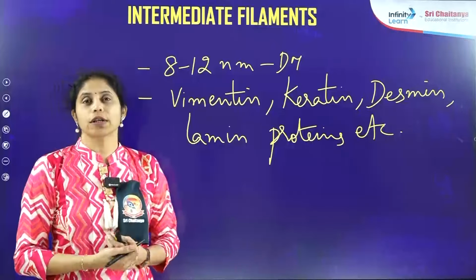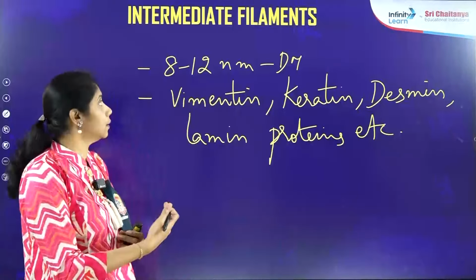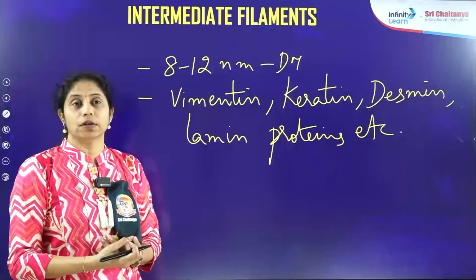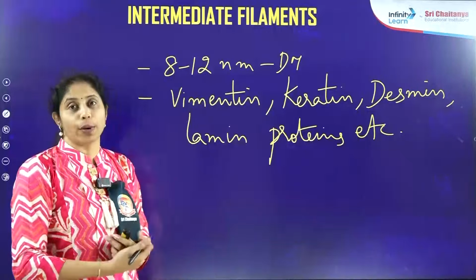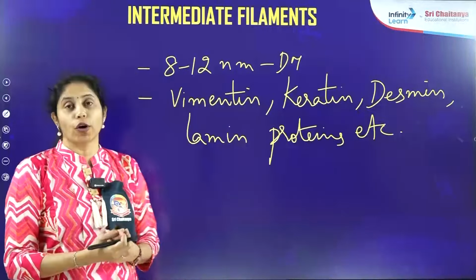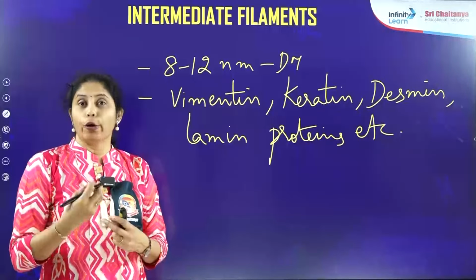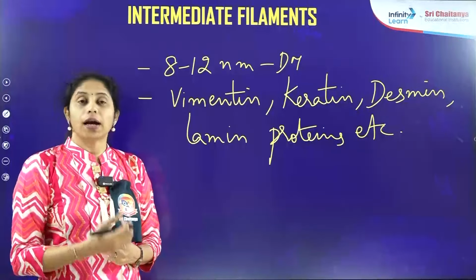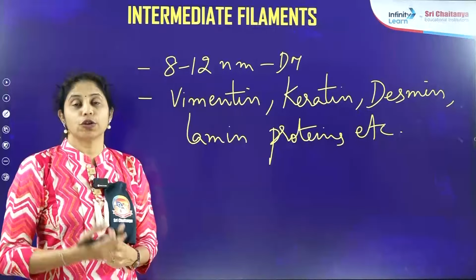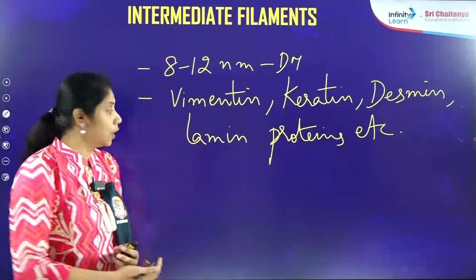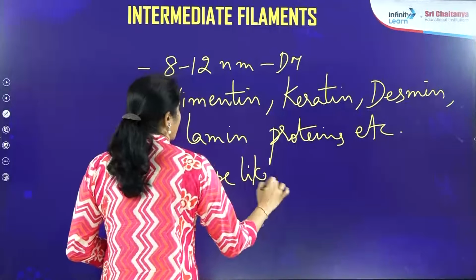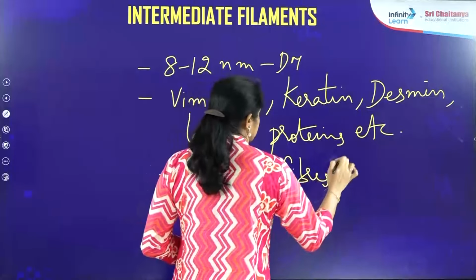The intermediate filaments are the most heterogeneous type of cytoskeletal element, and they are more stable when compared to the microtubules. Microtubules are hollow cylinders, whereas these are stable rod-shaped structures, formed by different protein fibers which are coiled or twisted among themselves to form rope-like fibers.